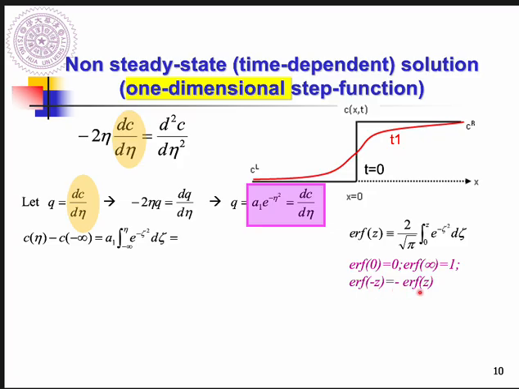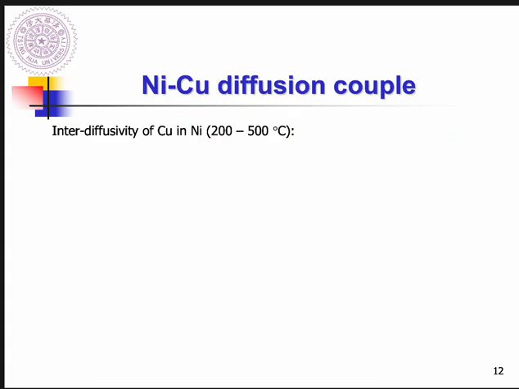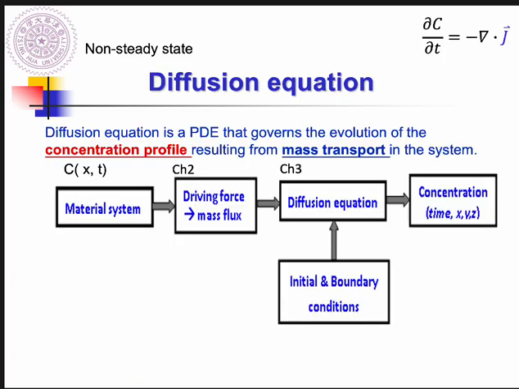So the value of the error function ranges between -1 and 1. So just for your reference. Okay, so I'm going to give you an example for the diffusion couple we just mentioned.